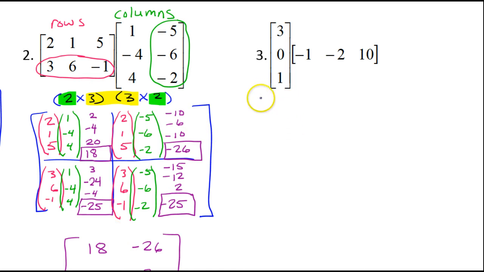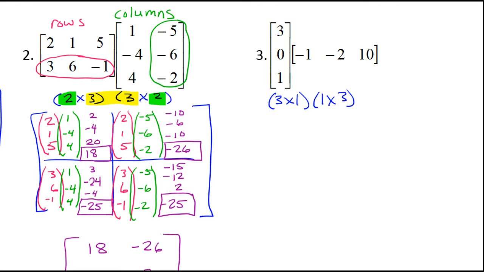Let's do another example. First, let's make sure that this product is possible. The dimensions of the first matrix are 3 by 1 because it has 3 rows and 1 column. The dimensions of the second matrix are 1 by 3 because it has 1 row and 3 columns.